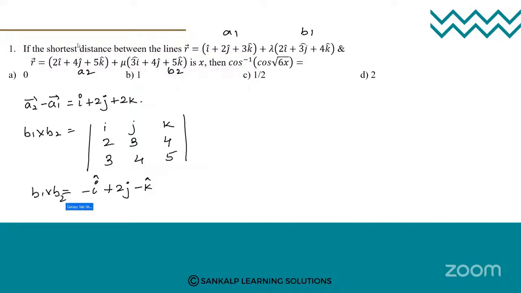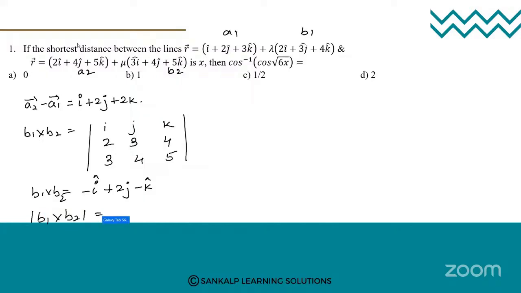Next, what do we need? The dot product of this and that, right? And also the magnitude of b1 cross b2, which is minus i plus 2j minus k. a2 minus a1 is as found. Also we want the magnitude of this b1 cross b2.